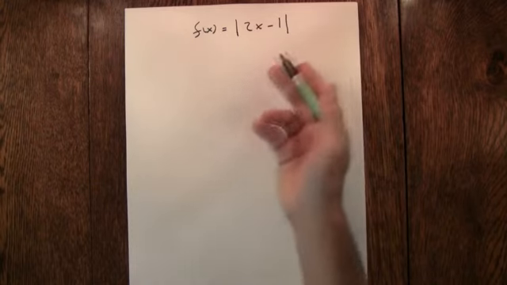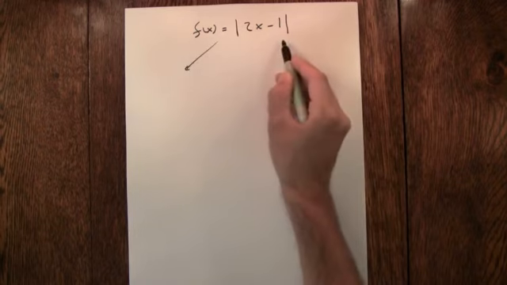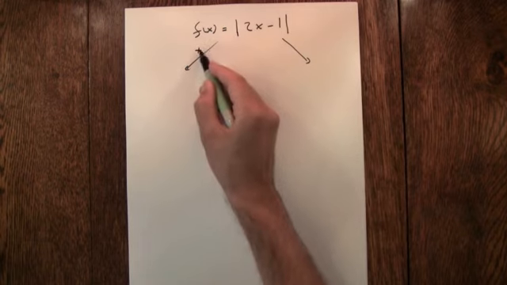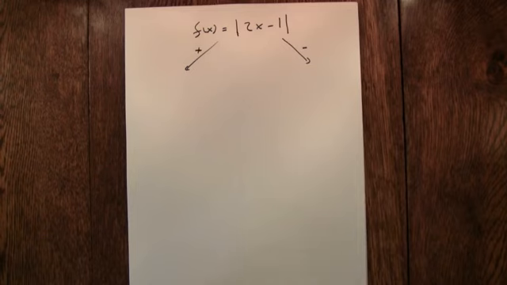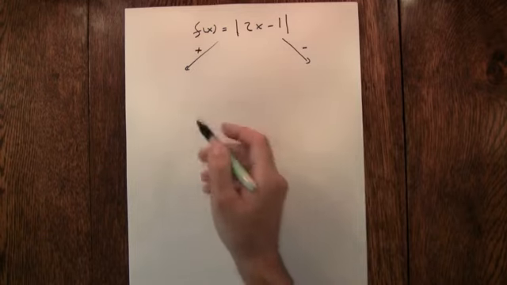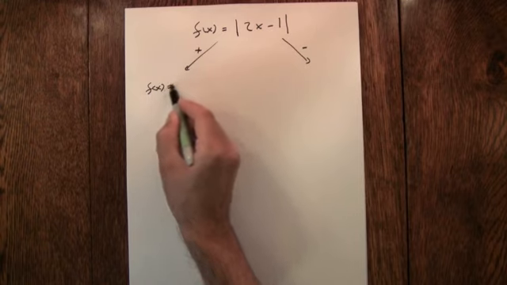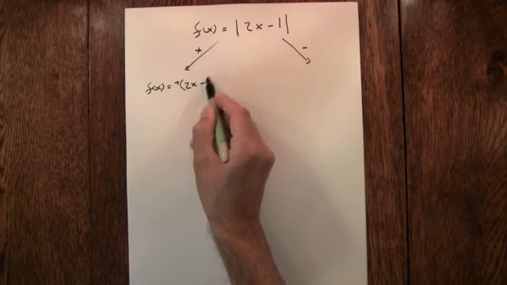So we're going to take a look at this function when the inside is positive, and when the inside is negative, just to see what this function looks like. When it's positive, this becomes f of x equals positive 2x minus 1.